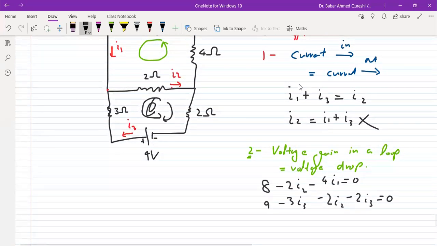So in the end, what I have got is 3 equations in 3 unknowns, and it's not a homogeneous equation. You can just try to solve it using your usual methods.